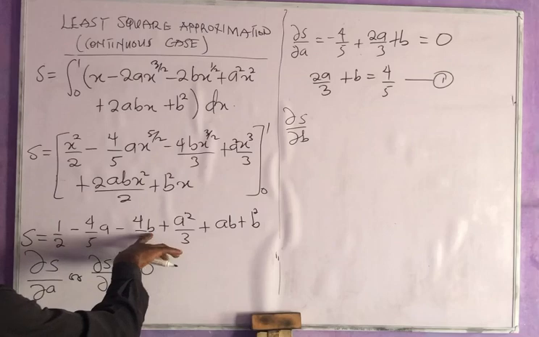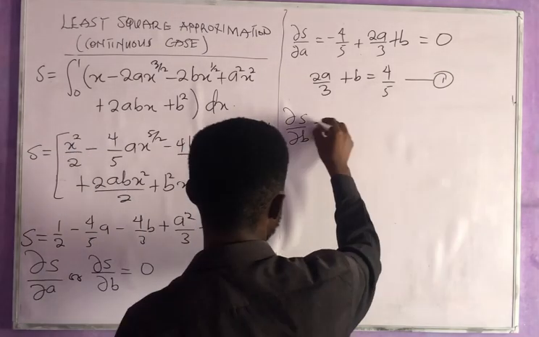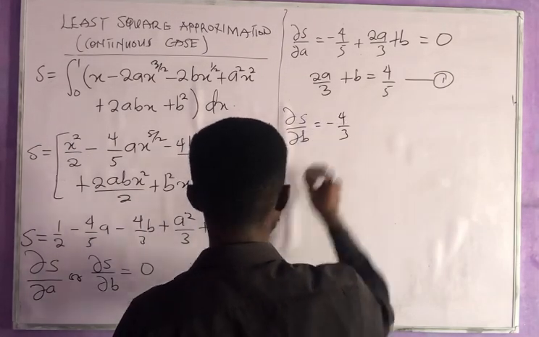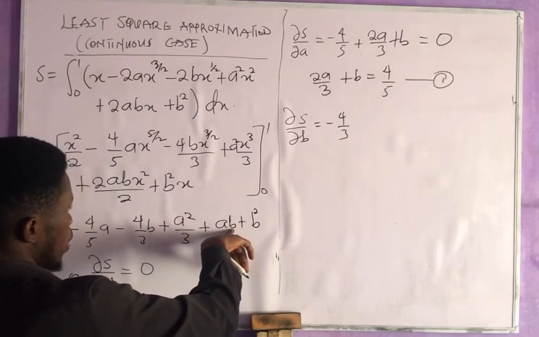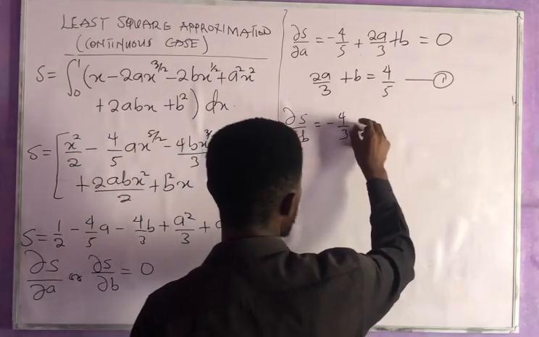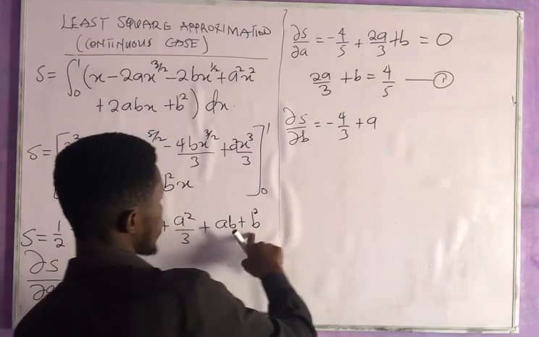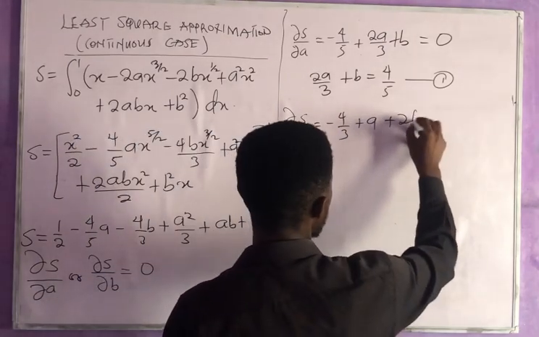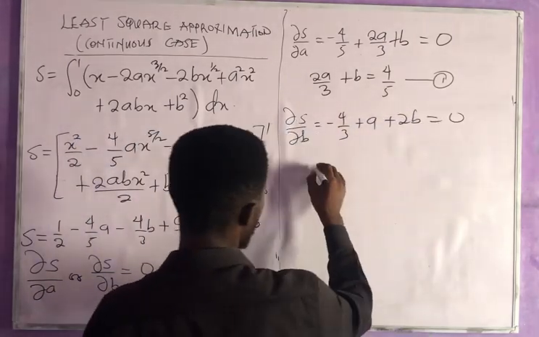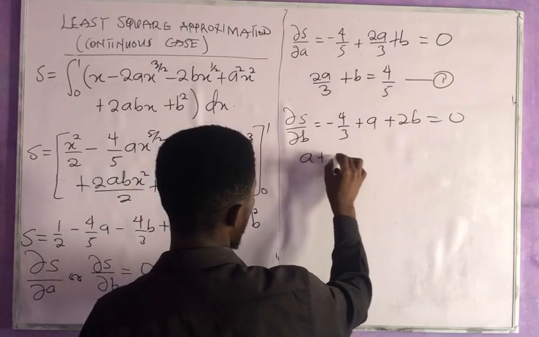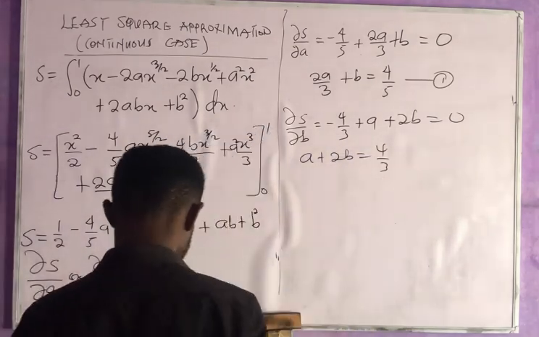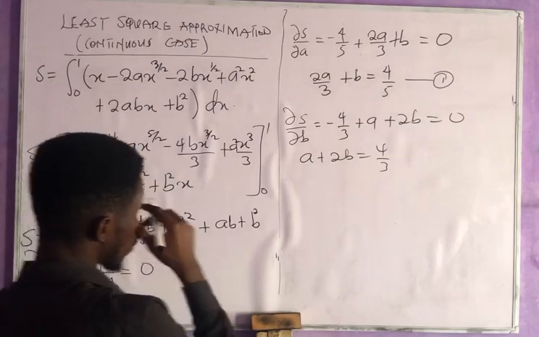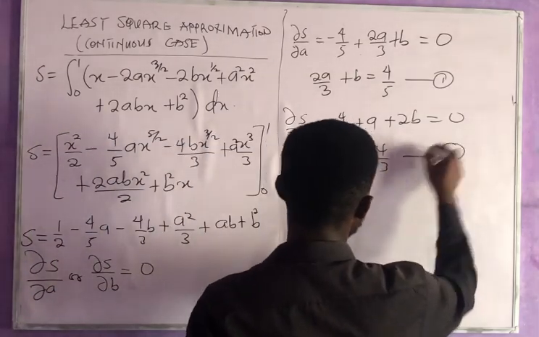Now this b will be 1, so I have negative 4 over 3. Then this side will go to 0. This b here will be 1, leaving a. So plus a, and this b gives us 2b, and this is equal to 0. So at the end we have a plus 2b is equal to 4 over 3. So we name this one as equation 2.